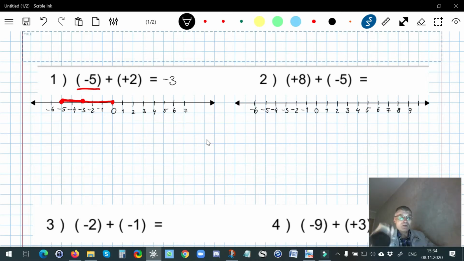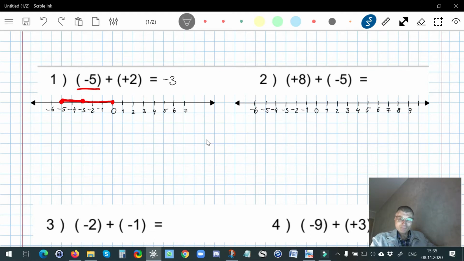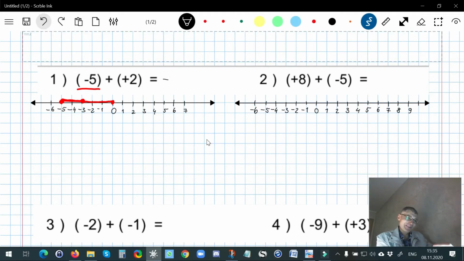But let me do that again using the opposite order of operations. What if I start at 0 and go first in the positive direction? The same result. Let us check.